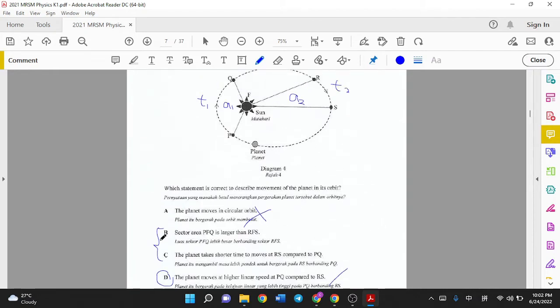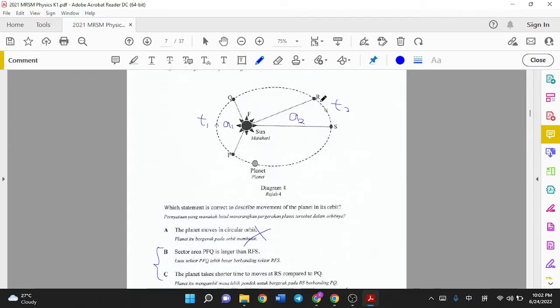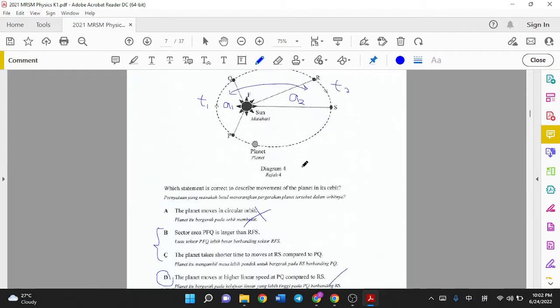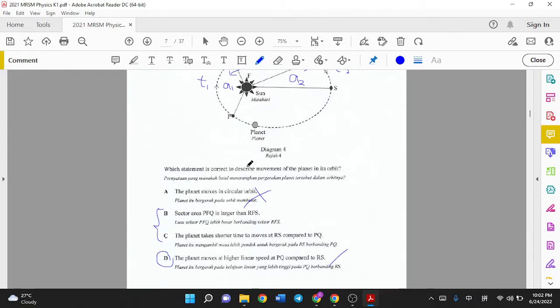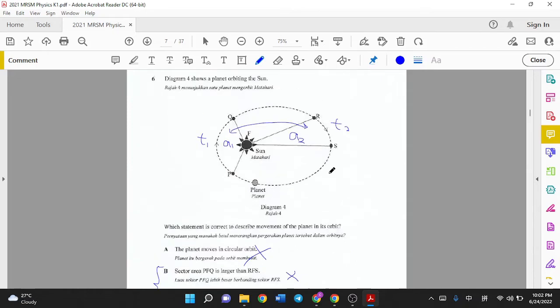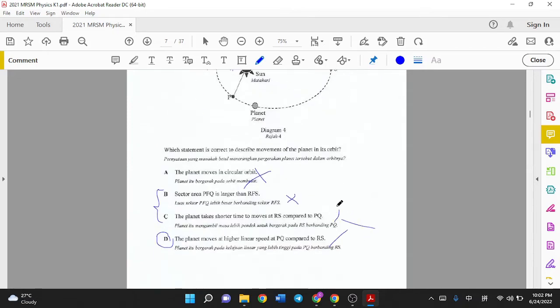These two options just assume that, since you already learned Kepler's second law, the areas should be equal, but they didn't give you enough information, so this should be wrong. And for the planet taking a shorter time to move at RS compared to PQ, again, they didn't give you enough information, so this is also wrong. So the most accurate answer should be D.